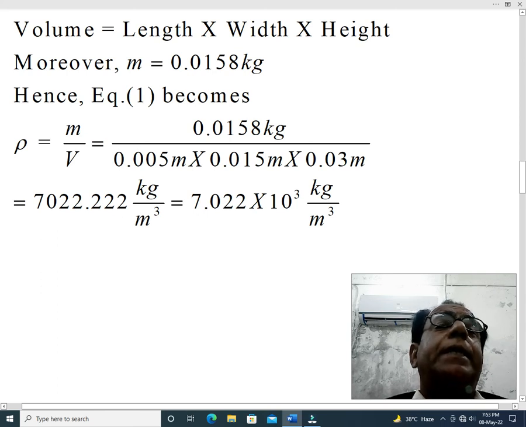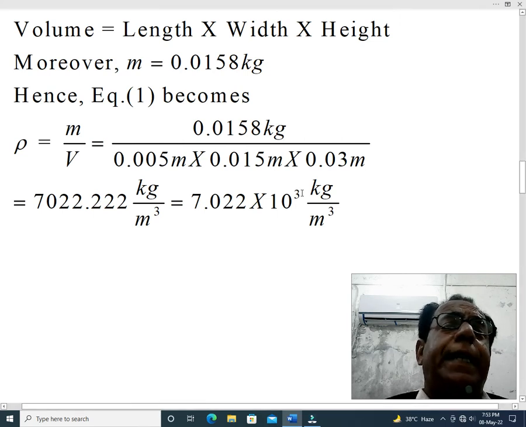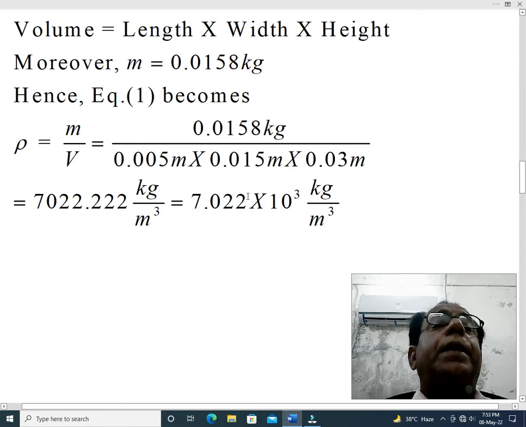Then 1000 in the numerator will take the form as 10 raised to the power 3, while 1000 in the denominator will change this figure, that is 7022 into 7.022.